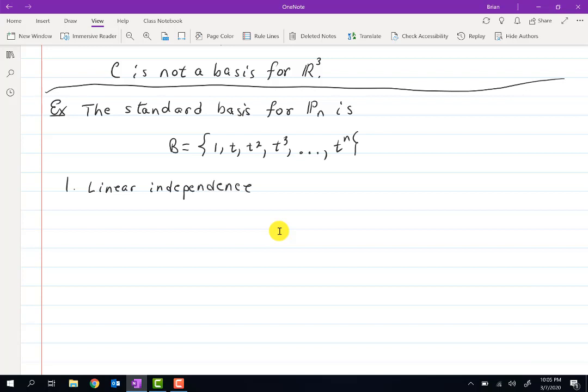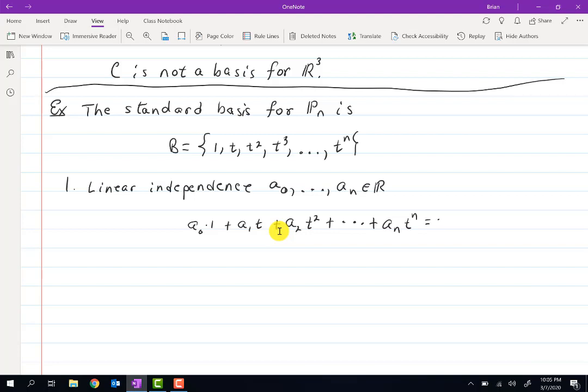Here we have, let's see, a sub 0 up to a sub n. Let those be real numbers. Then we have a0 times 1 plus a1 times t plus a2 times t squared, plus up to a sub n t to the n.